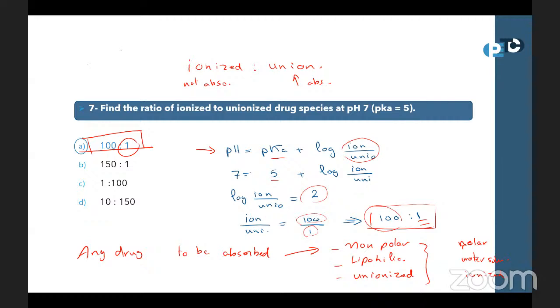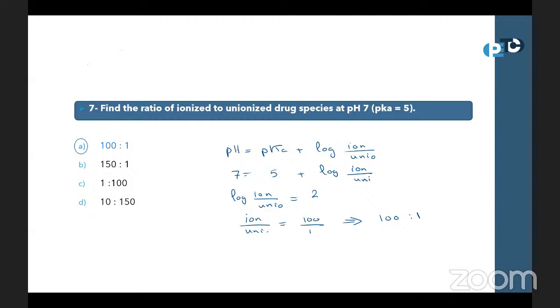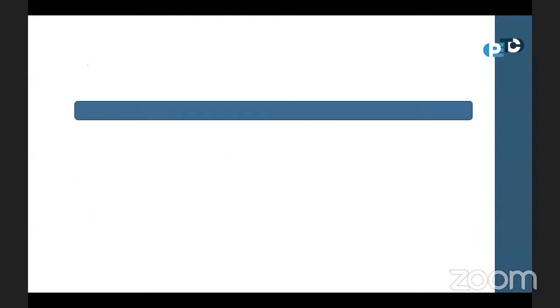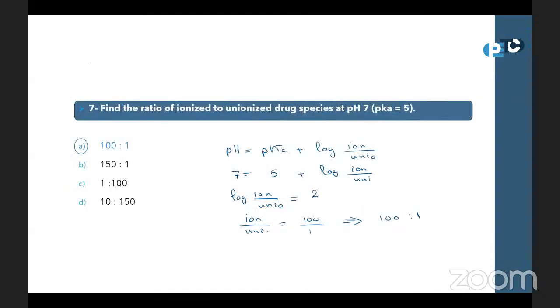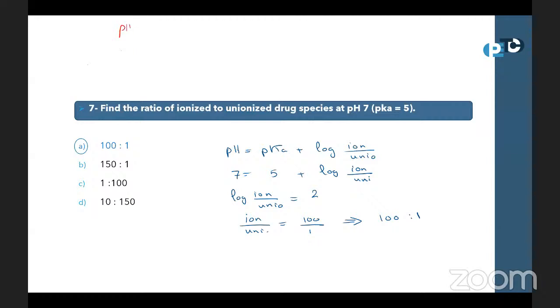Okay. Let us do it with the opposite figures. Suppose that the pH equals 5 and the pKa equals 7.